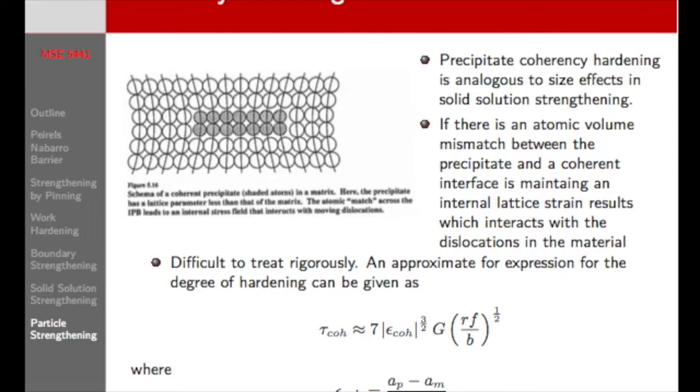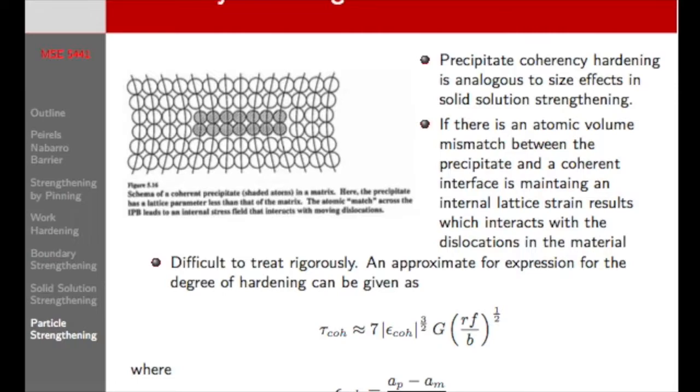So all of these arguments here, they're not very rigorous models. These terms are very difficult to treat rigorously, right? But you've got a couple different things that happen. First is the interface coherent or not, right? But you typically have a volume mismatch, right? It's rare to have a second phase particle that has the same specific volume as the alloy, right?